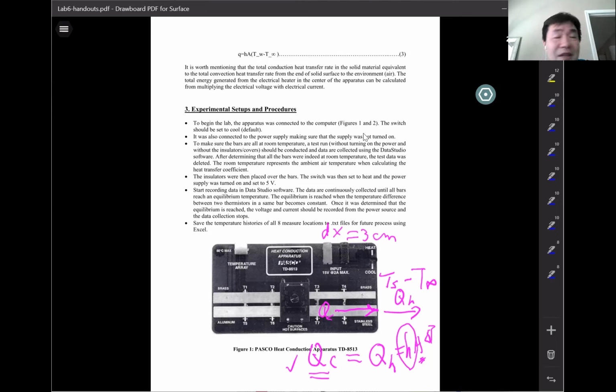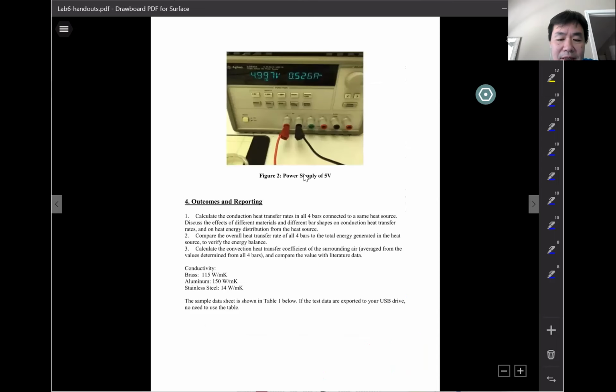Although in the room you have some AC flow, it should be minimal. So find a literature h value for air under that room temperature, under still air. Compare your measured h to the literature h to see how close they are. Okay, so that's the 2 tasks for the experiment.